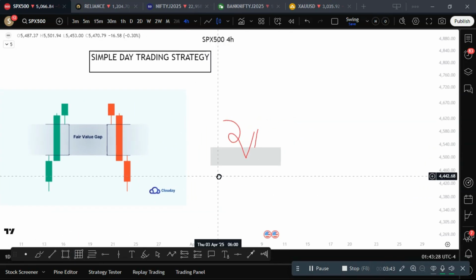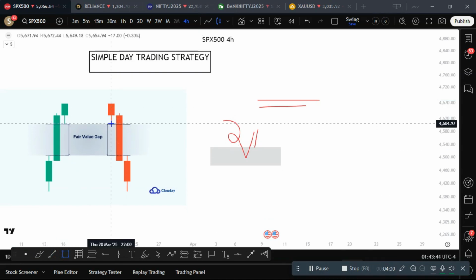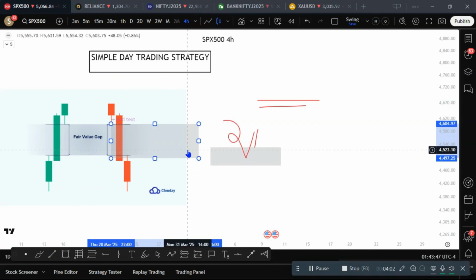So let me explain one more time, then I will show you the examples on the chart, so you will get complete clarity about this strategy. So step number 1, mark your fair value gap in the 4-hour chart. For example, this is our 4-hour chart, this is our fair value gap.